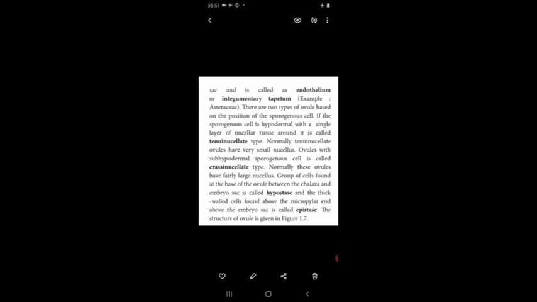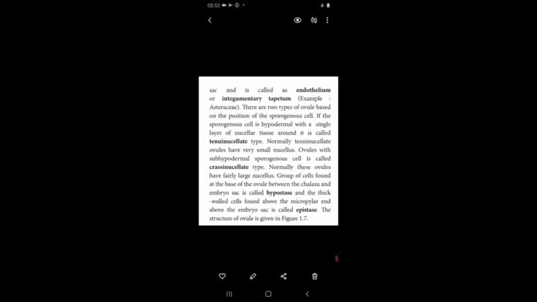Dear students, the types of ovules are also divided into two based on the position of the sporogenous cell. The sporogenous cells are hypodermal with a single layer of nucellar tissue around it, called the tenuinucellate type.